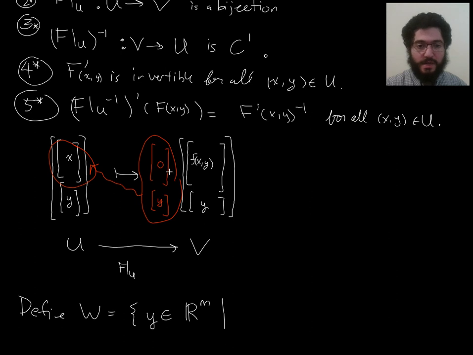Well, no, I don't mean that. Which y's have the property that I can apply the inverse of this function to this pairing, 0, comma y? Well, it's these y's, such that this is in V. Like that. So that will be W. Those y's that when paired with 0 like this give you something in V.